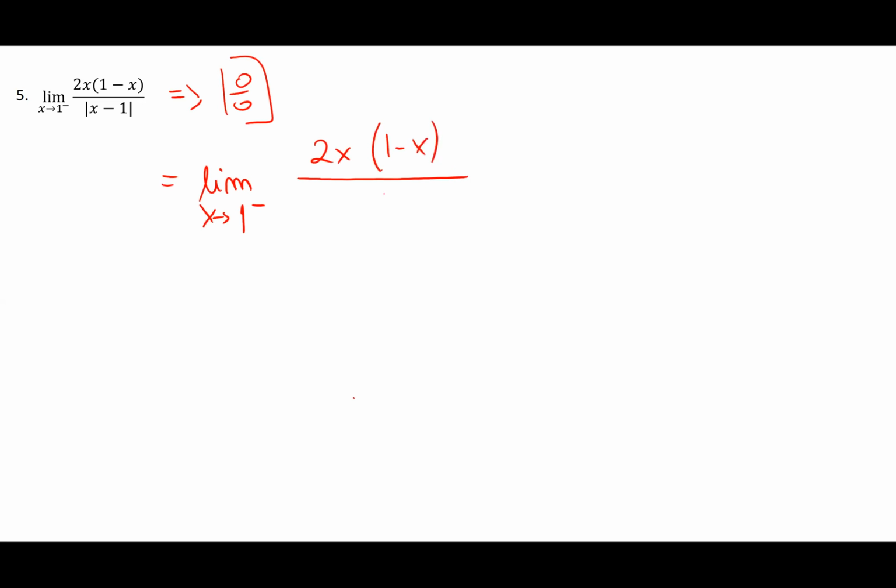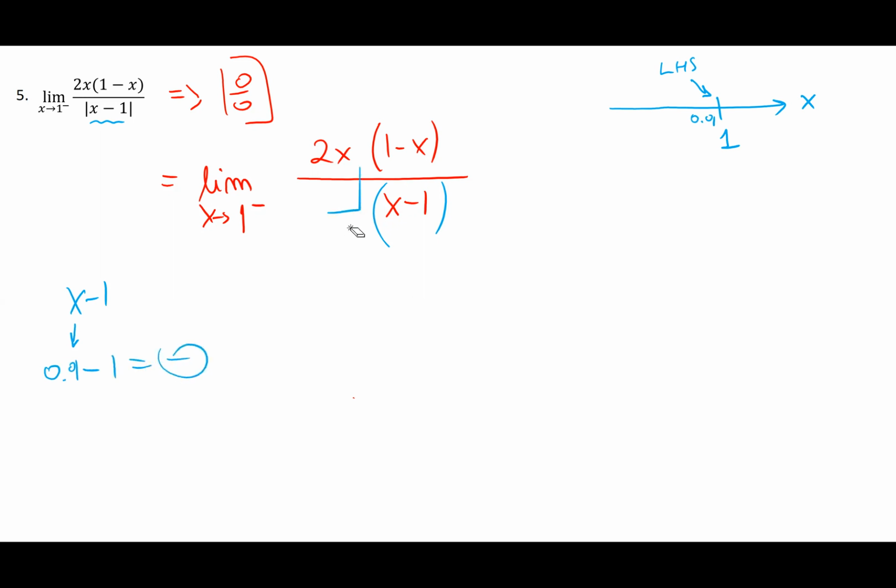And then I have x minus 1, that's my quantity from the absolute value, that's the most important. And I will investigate if this quantity is negative or if it's positive. x is 1 from the left. What is the number on the number line? From the left-hand side, we do have 0.9. 0.9 minus 1 is actually a negative number. Then I will put an extra negative.